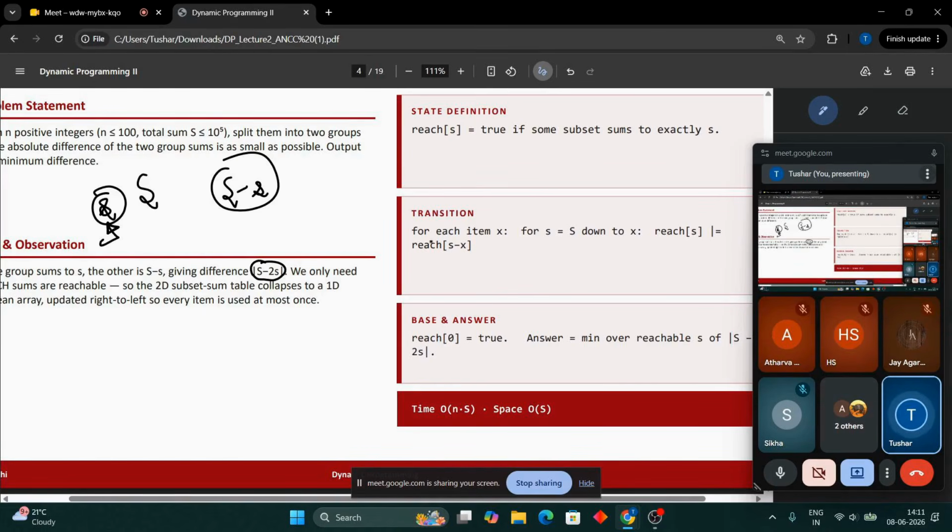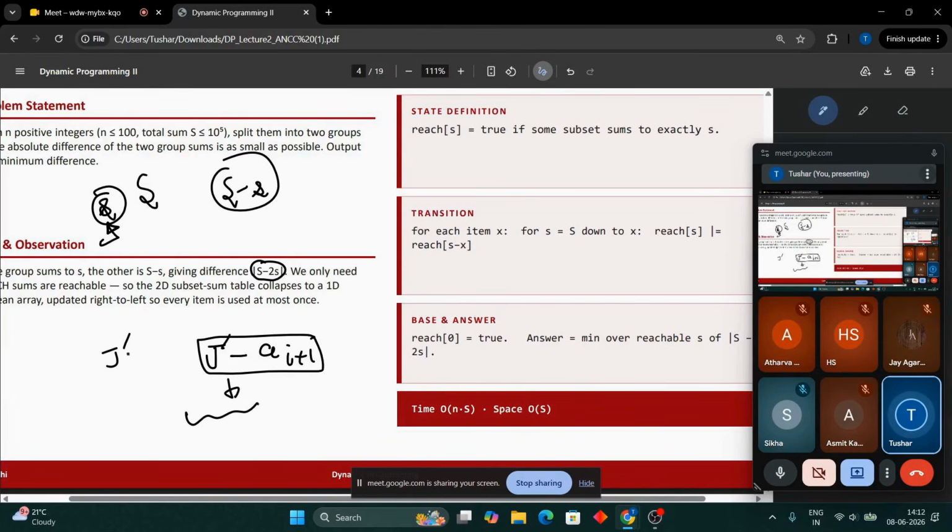Now when processing the next number, i plus 1, we try to form the subsets involving that number. If the new sum is some j prime, the contribution from the first i numbers will be j prime minus a[i+1]. If this sum is achievable using some subset of the first i numbers, then j prime is achievable using some subset of the first i plus 1 numbers. So we'll update our state.